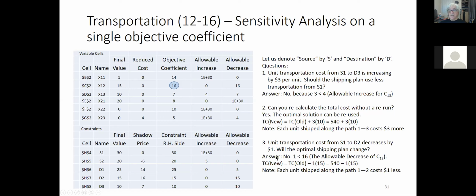Well, the answer is no, because a decrease of 1 is less than the allowable decrease of 16, as you see here. The optimal solution does not change, and the total cost only becomes cheaper by $1 acting on 15 units shipped. So now we get the total cost. That's what I want you to see on the single objective change.